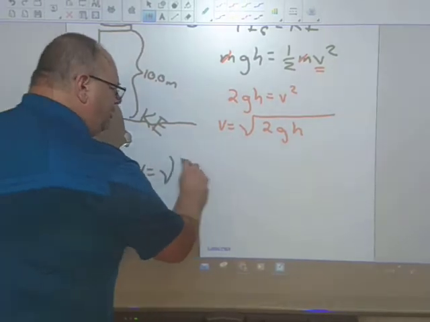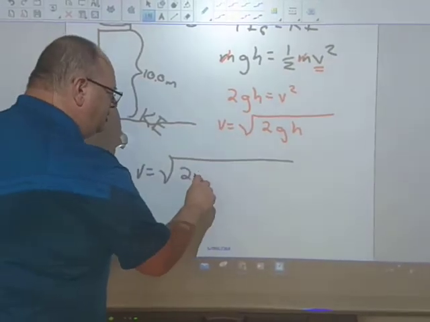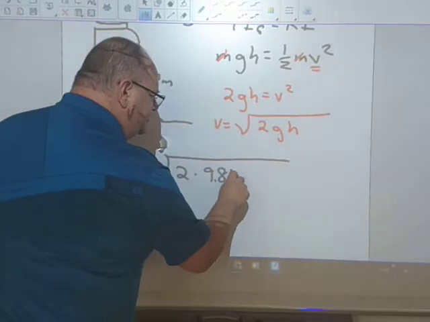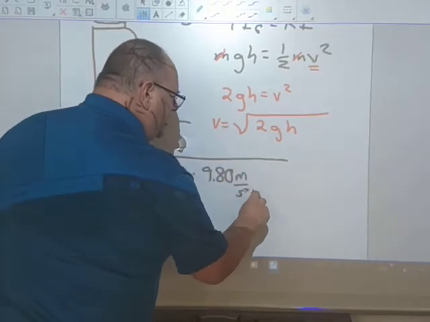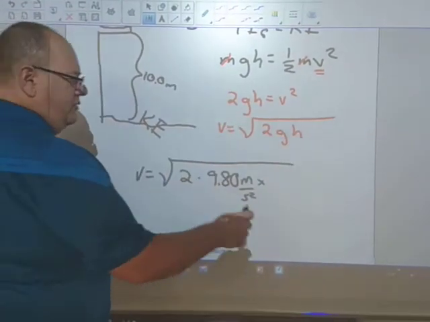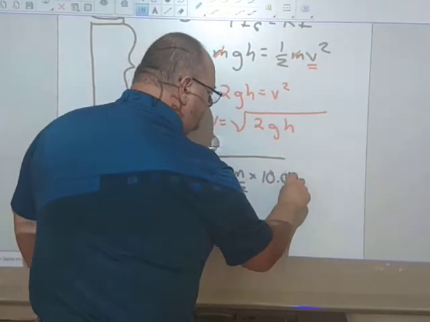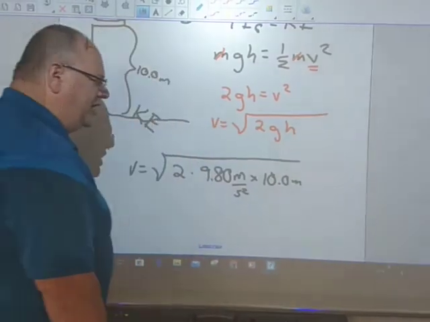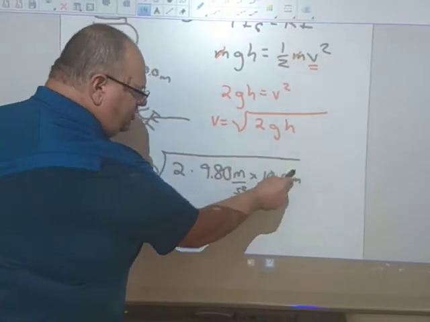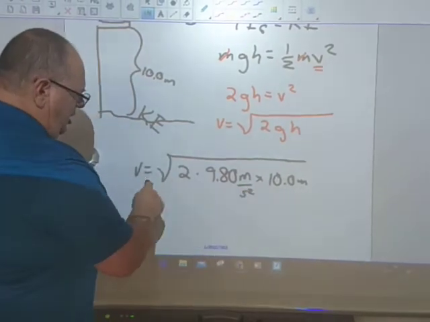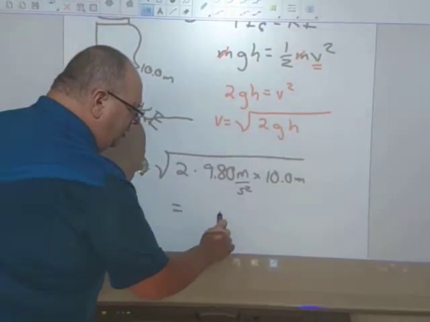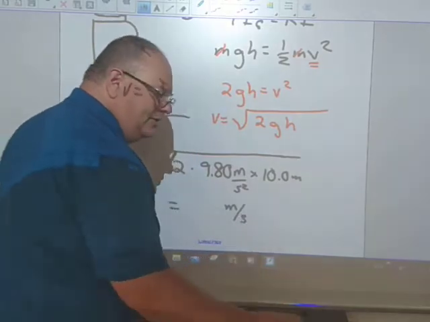All right, so I'm going to plug in some numbers. V equals square root of 2 times 9.80 meters per second squared times my height, a 10-meter platform. Looking at labels, this is going to be meters squared per second squared. If I take that out of the radical, I've got meters per second.